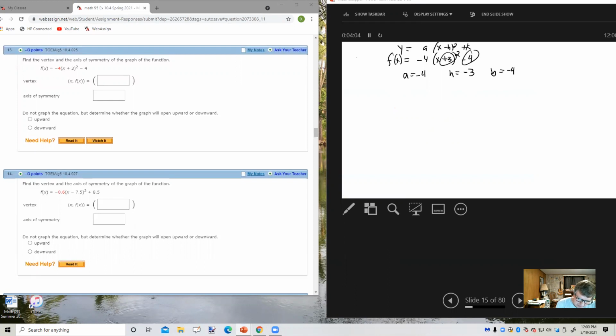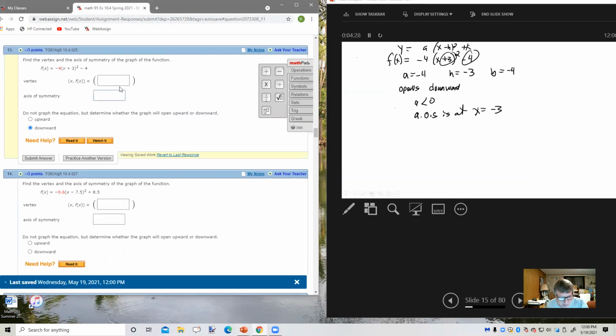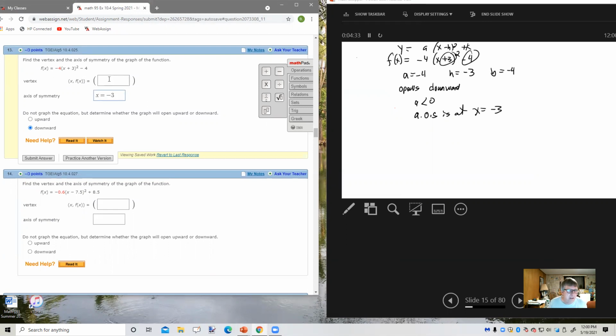All right. So let's see. This thing opens downward because a is less than 0. Okay. The axis of symmetry is at x equals -3. So again, we've got to write it as an equation. x equals -3.